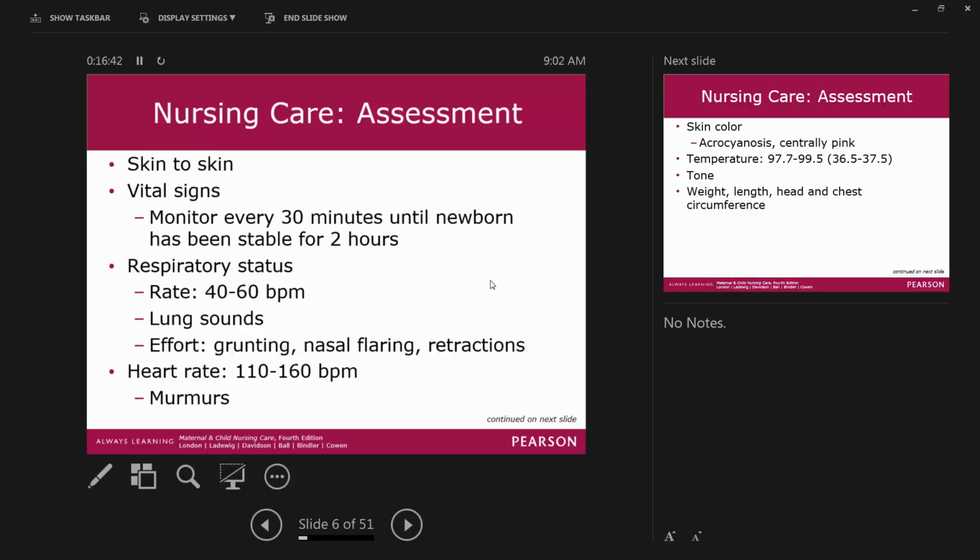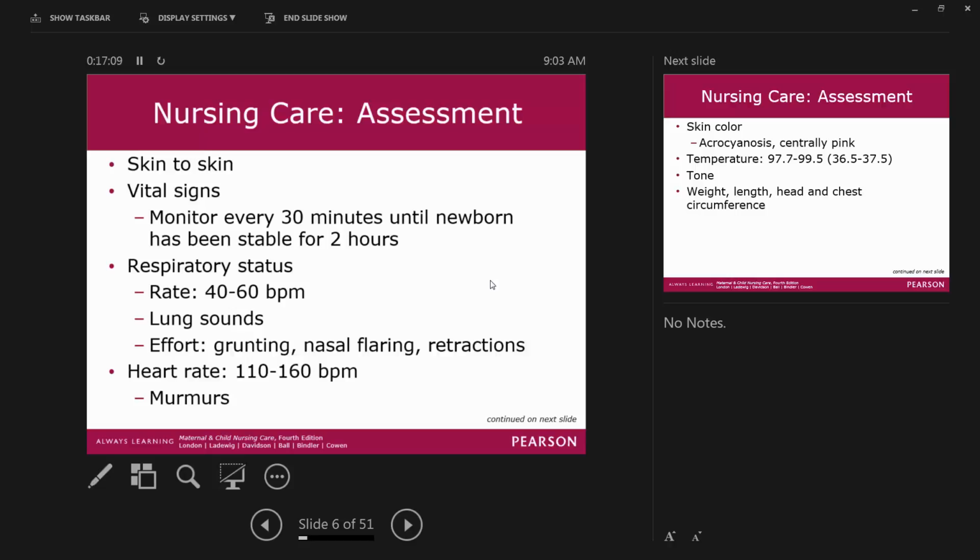We put the baby skin to skin. We do those vital signs I was telling you about. So immediately after birth, we do those vital signs every 30 minutes for 2 hours, okay? And then we'll change our parameters. If we're doing vital signs every 30 minutes for 2 hours and our vital signs are abnormal, I'm going to continue to do them every 30 minutes, or I may even start doing them every 15, depending on what the problem is.